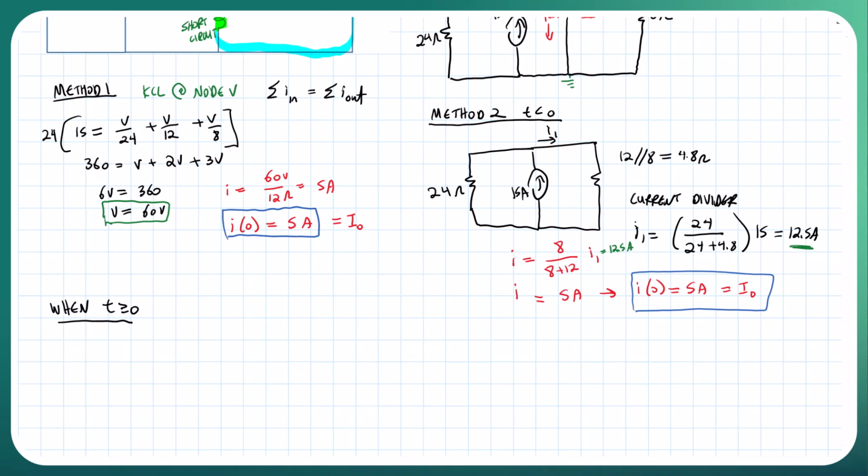So tau is equal to L over R, and then our I as a function of time is going to be I naught e to the minus t over tau.